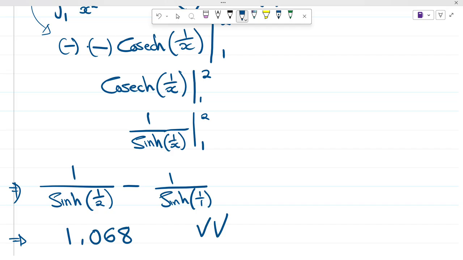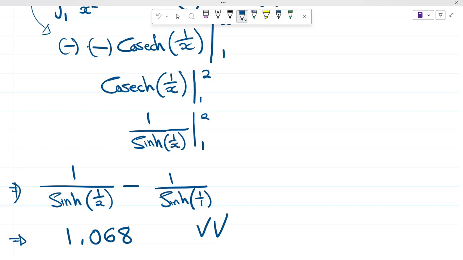So anyway, to punch hyperbolic things in the calculator, you press HYP, which is underneath x squared. You will see HYP if you are using the casual calculator.